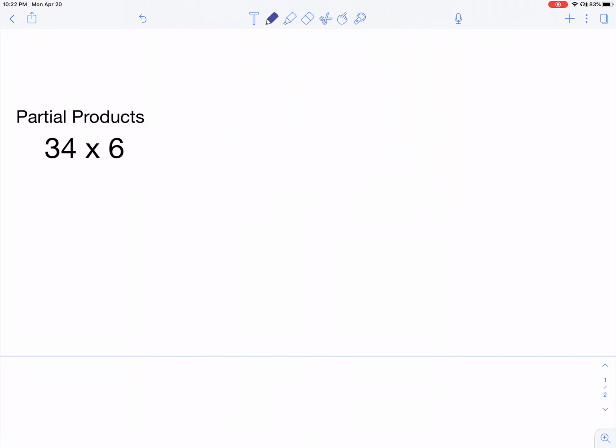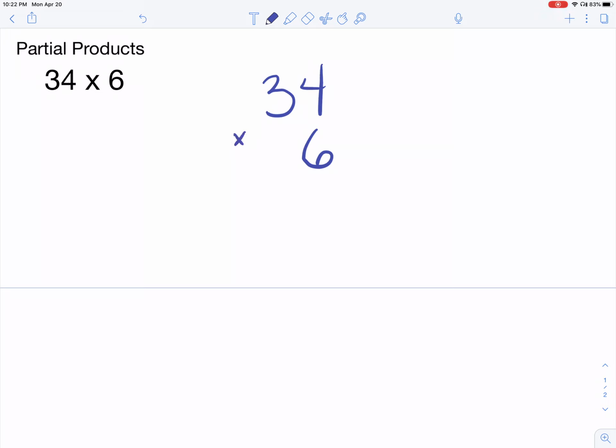This one you're going to stack it on each other, 34 times 6. And just like an addition problem, you got to make sure the ones place is over the ones place, and the tens place is over the tens place. And that way you don't accidentally confuse anything.